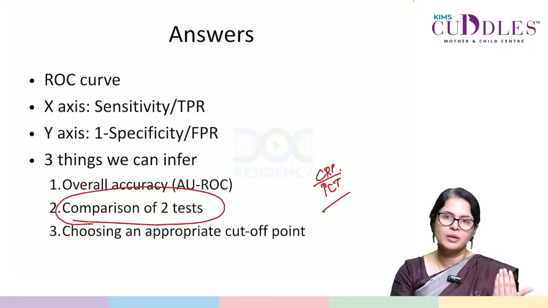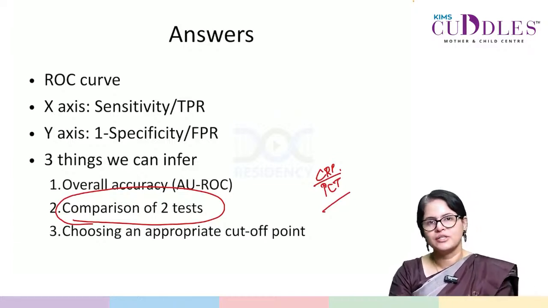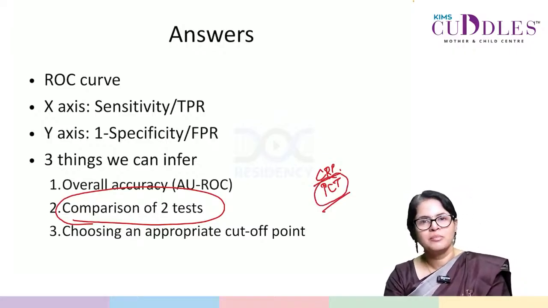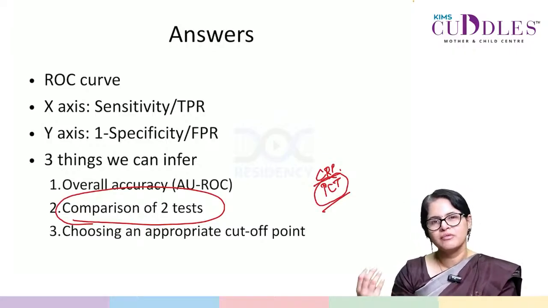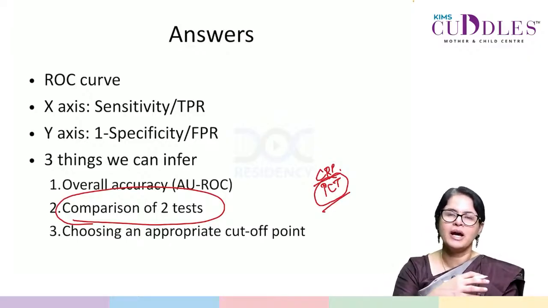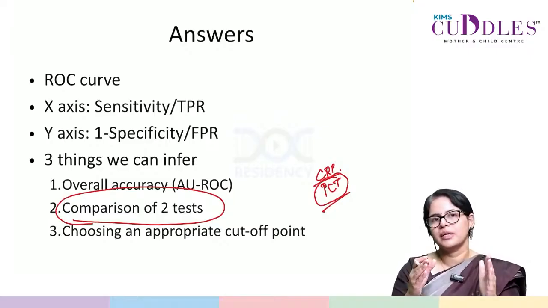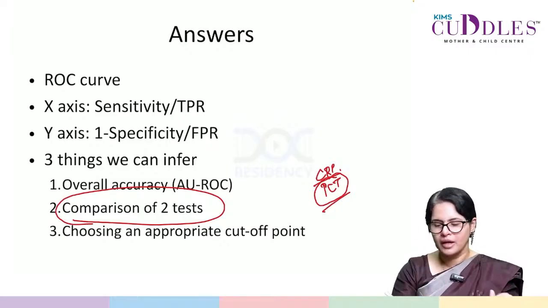So CRP may often come positive in non-septic conditions as well. Whereas procalcitonin might have some other advantage. It might be fairly specific because there may be fewer non-infective conditions which cause PCT elevation, but it may have another problem.